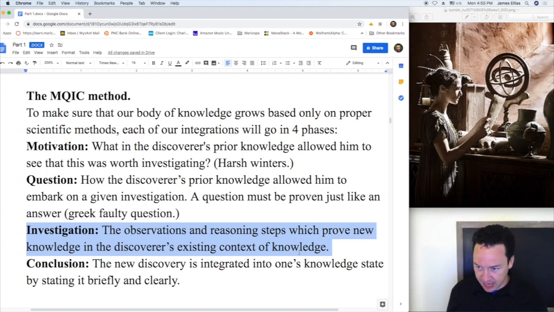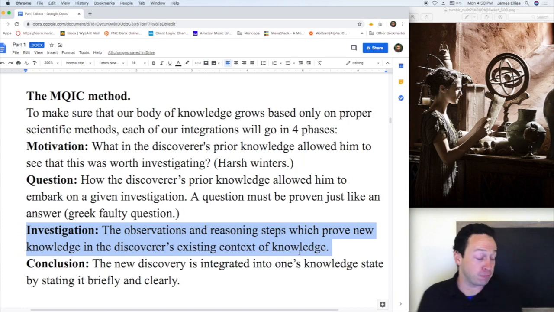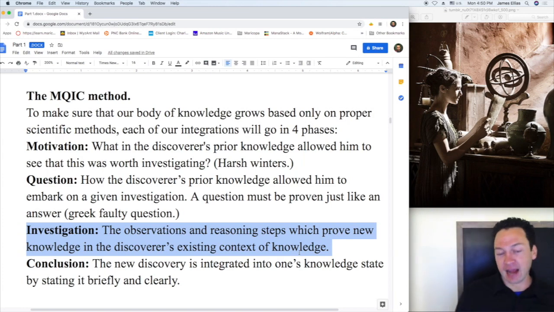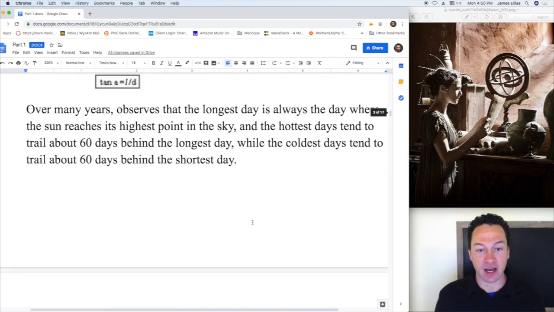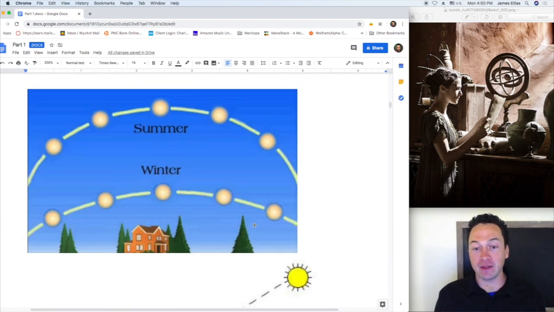This is the investigation phase. And the investigation phase is the observations and reasoning steps which prove new knowledge in the discoverer's existing context of knowledge. Okay, so for example, we just saw Anthropocleitus prove that the sun is the cause of the seasons.